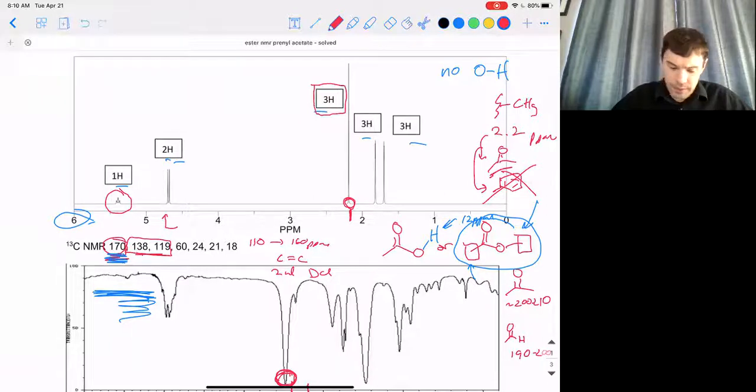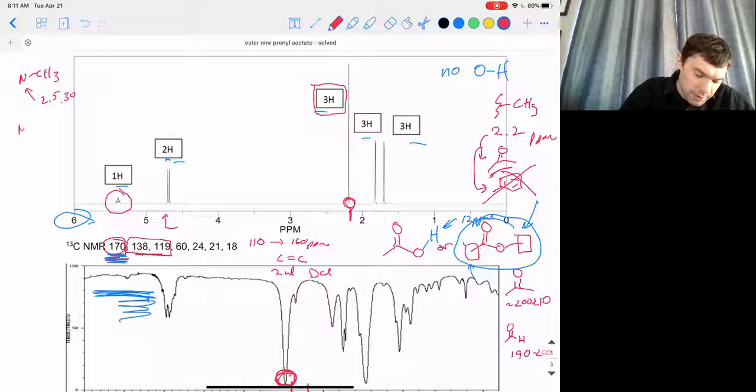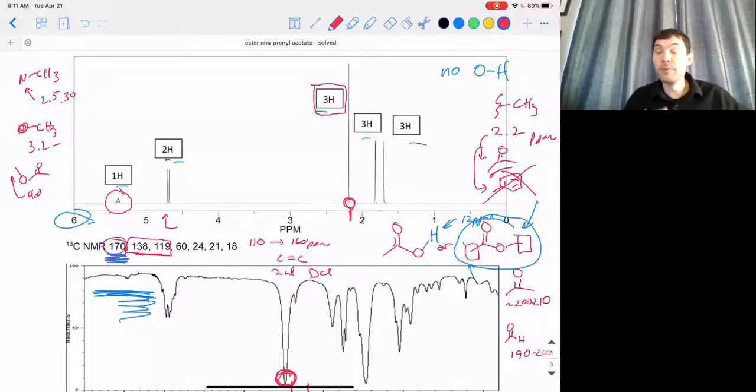Remember, if it's going to be next to an amine, let me go on the other side here, these might be like 2.5 to 3. And then if it's next to an oxygen, I might expect it to be 3.2. And certainly if it's part of an ester, I would expect it to be closer to 4.0. And the reason for it is that the ester is going to move it downfield quite substantially.